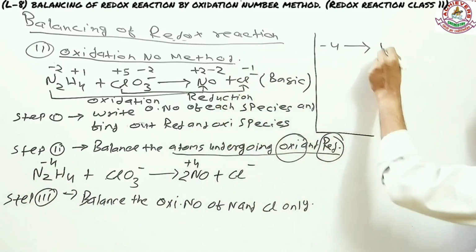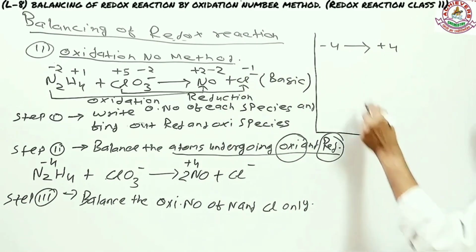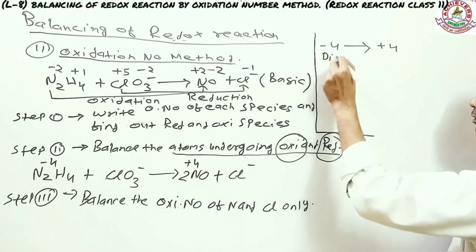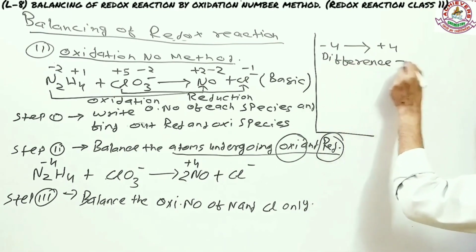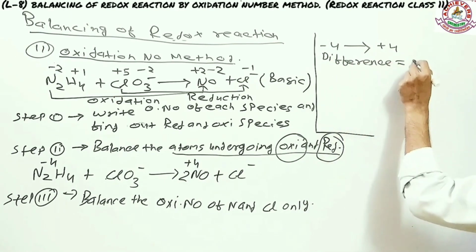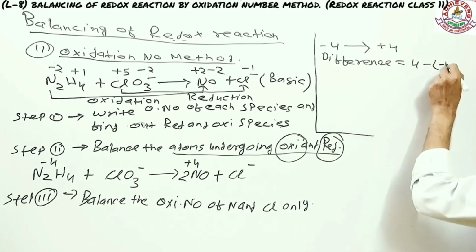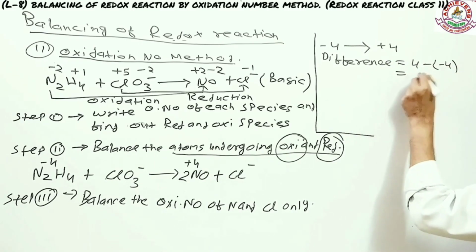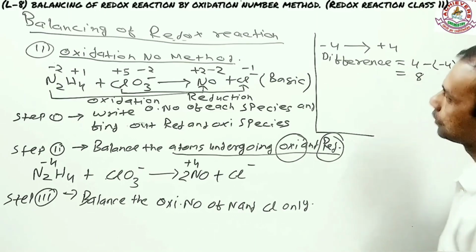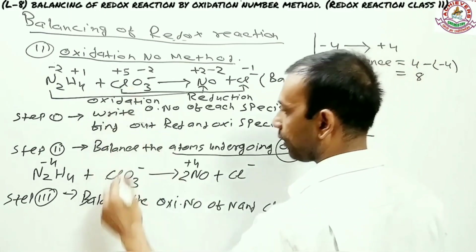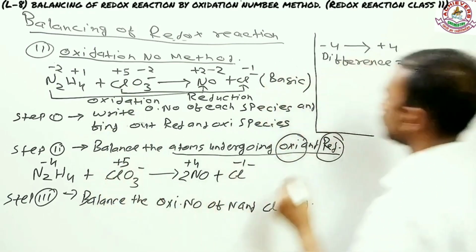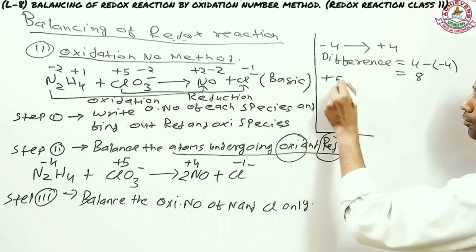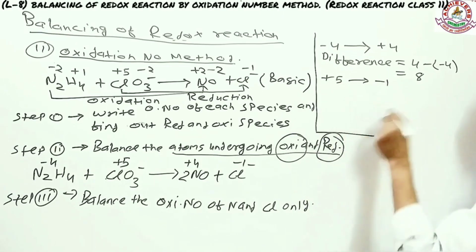So -4 and +4. The difference is calculated how? 4 minus -4. So this comes out to be 8. Similarly, +5 here and -1 here. So +5 to -1.